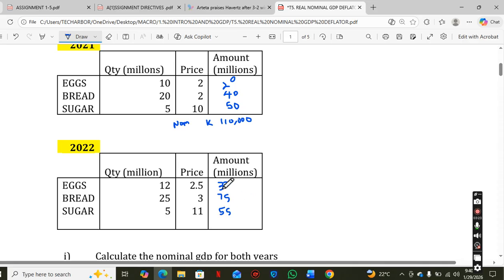So 30 plus 75 plus 55, 160 million. Okay, so that's the nominal GDP for both years. Any questions?